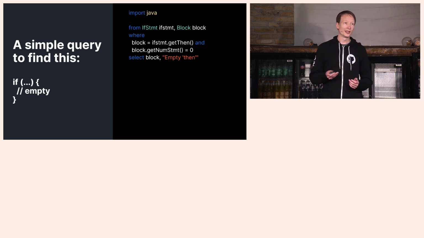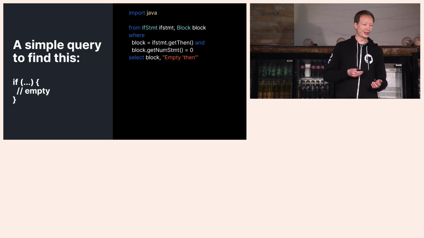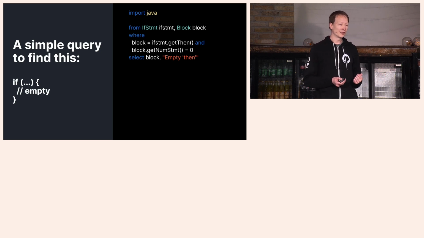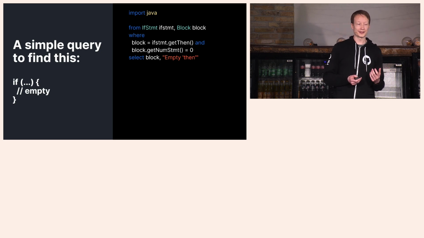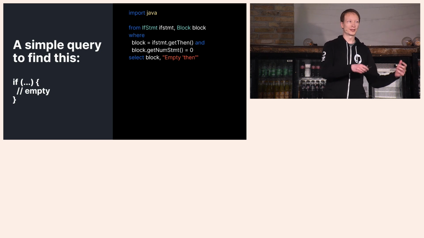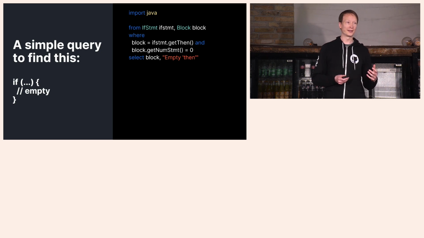We're looking for combinations of an if statement and a block, where the block is the then case of the if statement, and where the block's number of statements is 0. And for all blocks we find like that, we want to select the block and we want to select an alert message. And that can then all go through and get presented as the alerts we just saw.